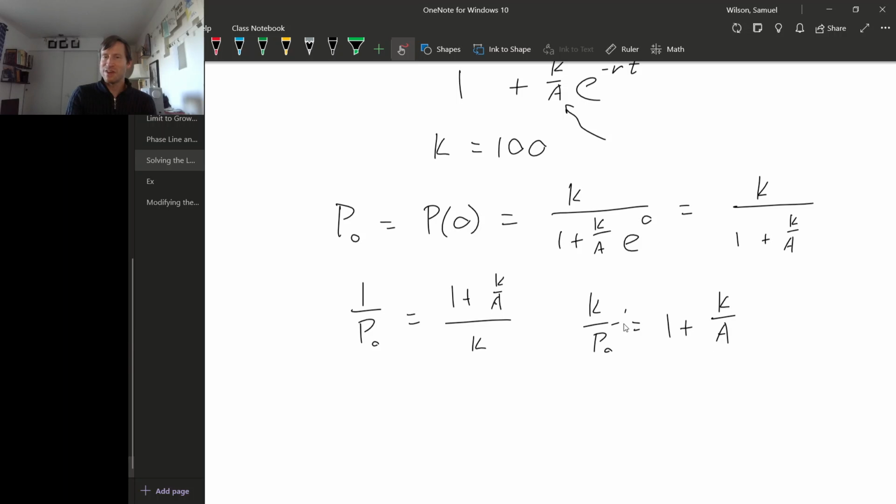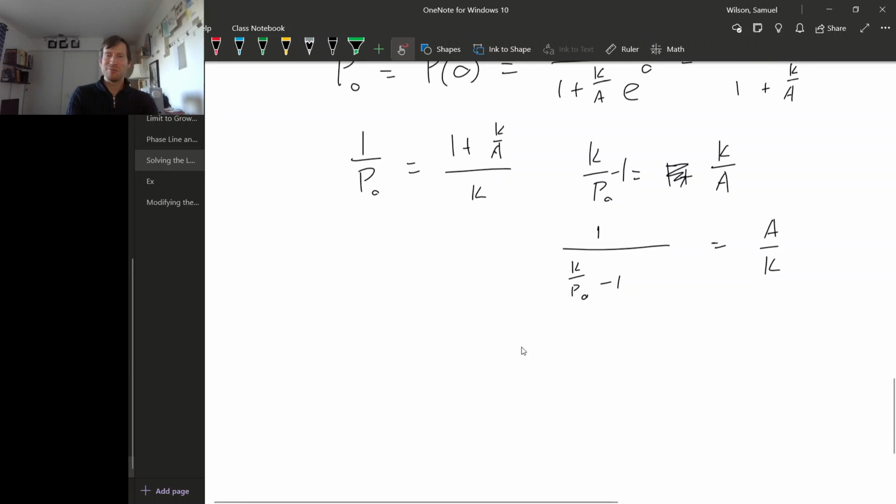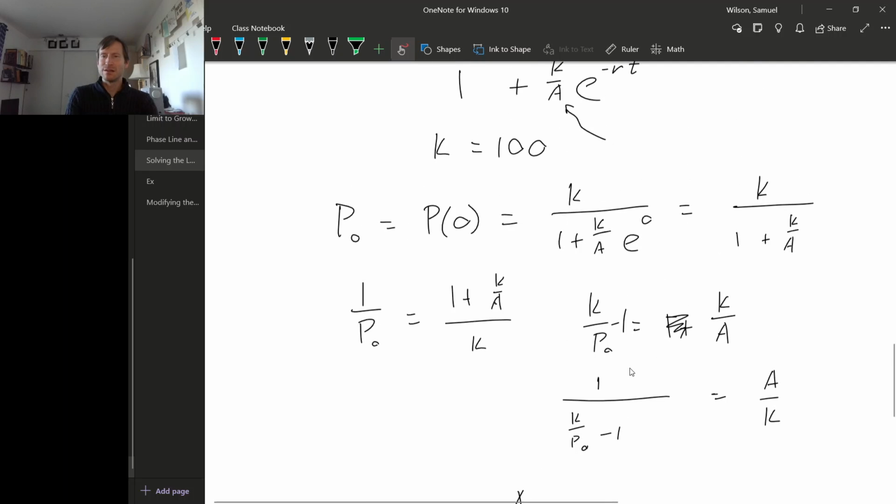Subtract 1 from both sides. And remember, we're solving for A, so let's take reciprocals again. 1 over K over P sub 0 minus 1 equals A over K. And then multiply both sides by K. So we get A is actually, let's stop right here, because K over A is the piece that shows up in this equation.